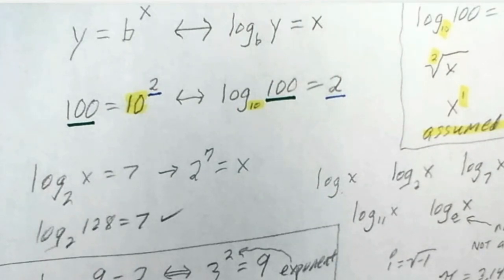Log base b of 32 equals 5. What is b? But make sure you can do this now in class before we turn you loose to do the assignment by yourself.